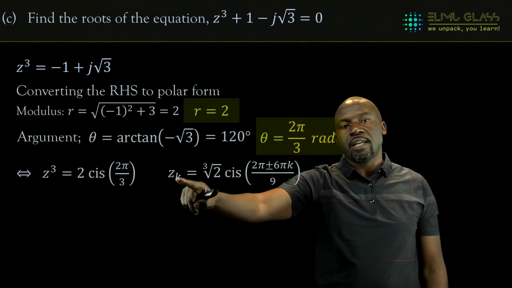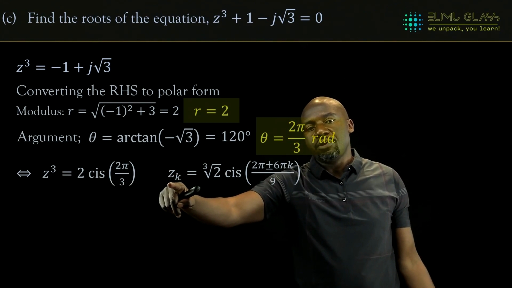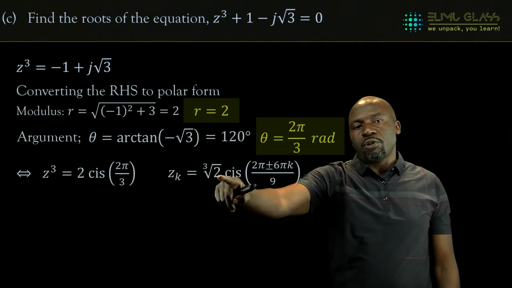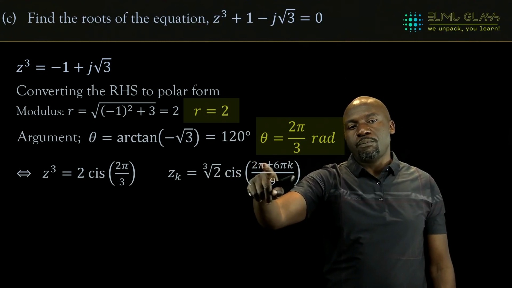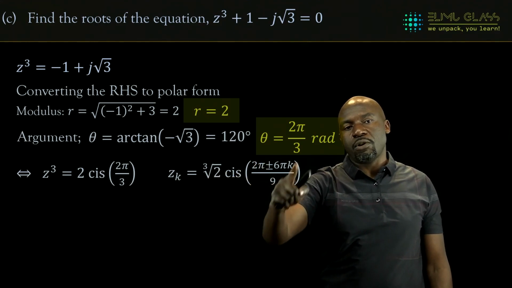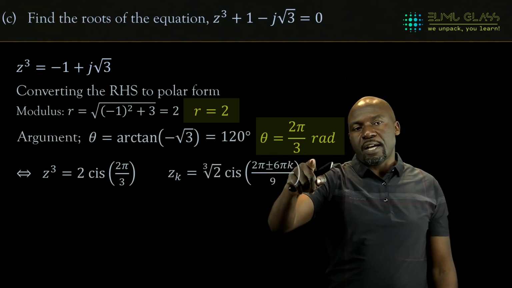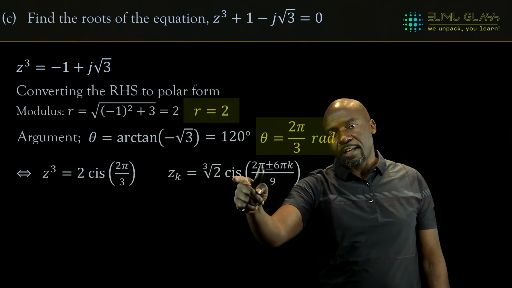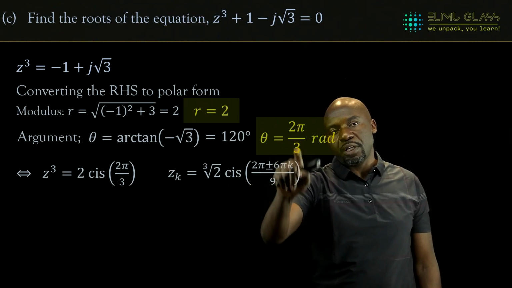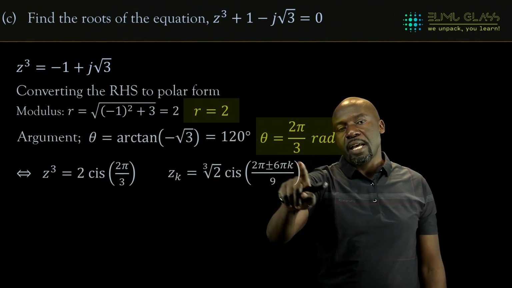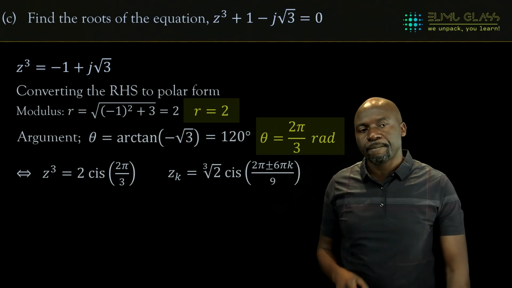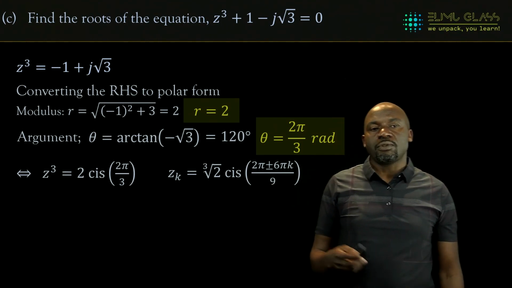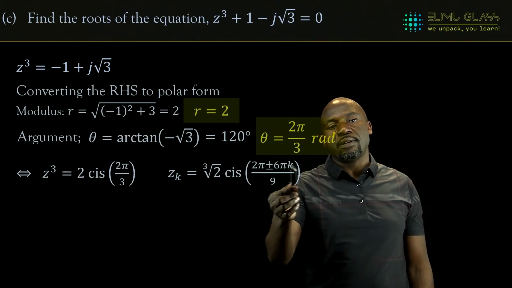So z_k, or the kth root, is the cube root of 2 cis of a third of 2 pi over 3 plus 2 pi k, because there was a third up there that we bring in, and if we simplify that we get this. All we have to do now is substitute. When k is 0, what do we get?